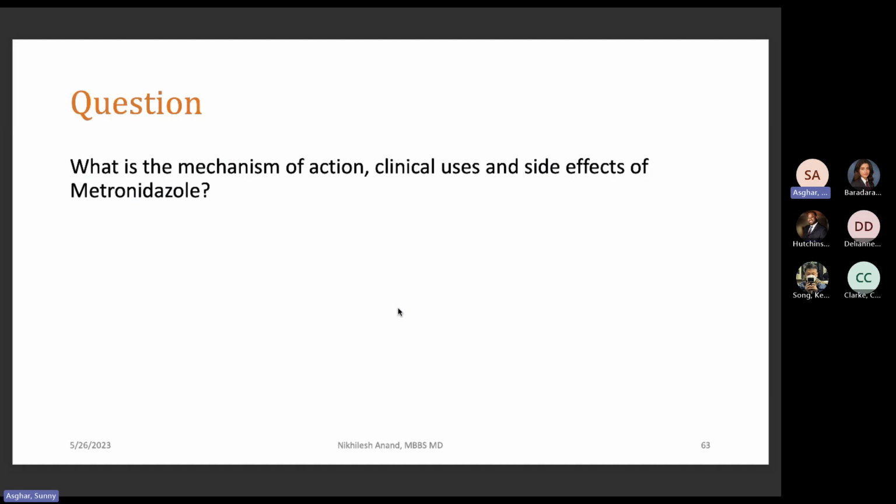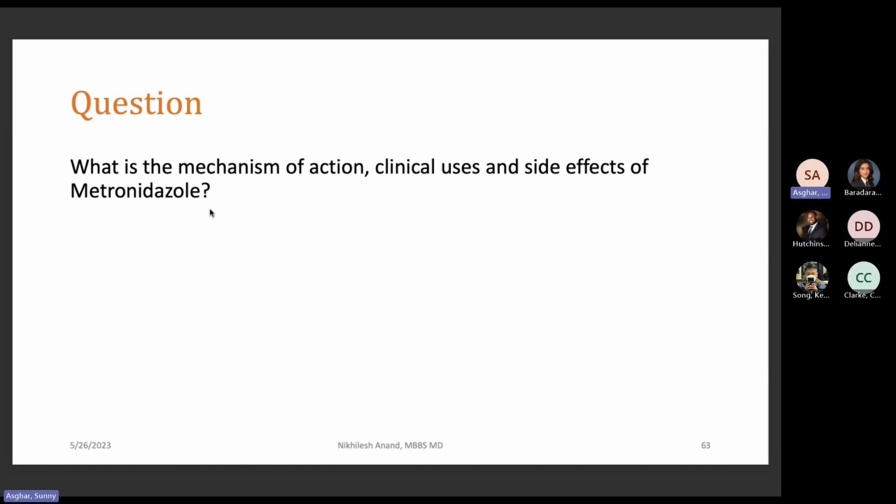Okay, so this is just one of the questions: what is the mechanism of action, right? They could ask you mechanism of action, clinical uses, side effects of metronidazole, which again is just a protein synthesis inhibitor. It is an antibiotic, and it's one of your azoles.